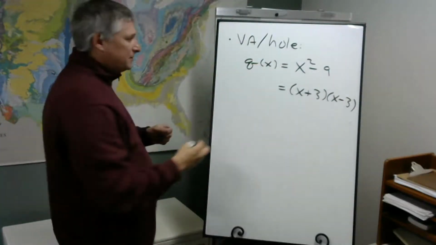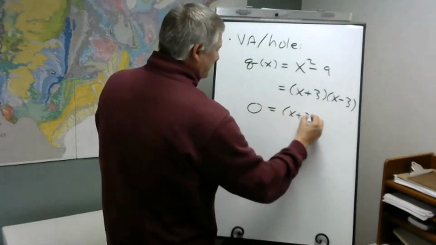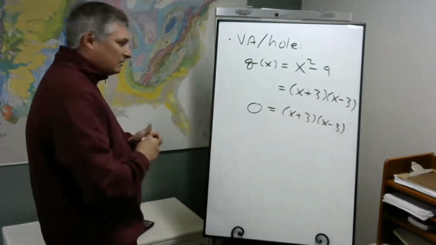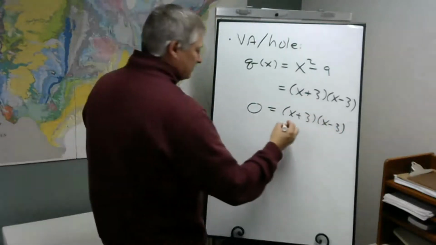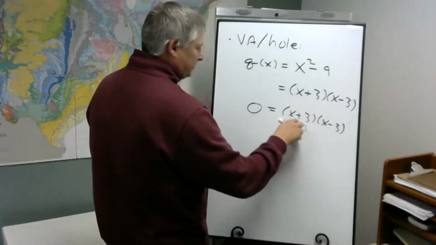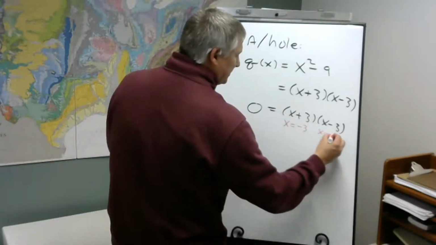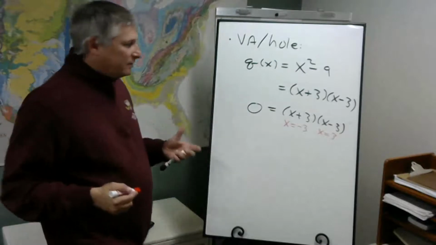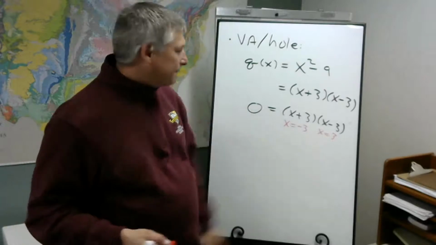If we want to find where q of x is equal to 0, well, where does that happen? It happens when x is negative 3, because negative 3 plus 3 would be 0, and then over here when x is 3. So we have q of x equal to 0 for x is negative 3 and x is 3.